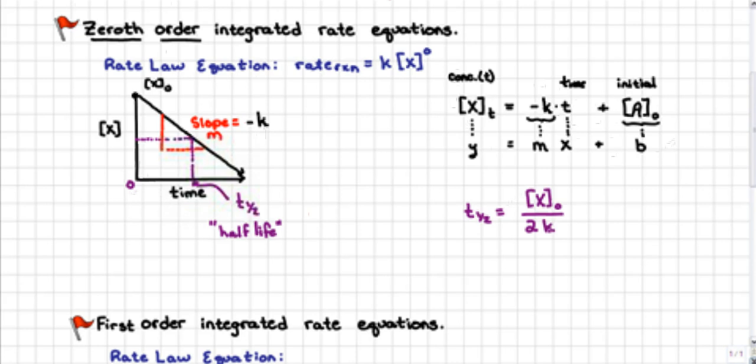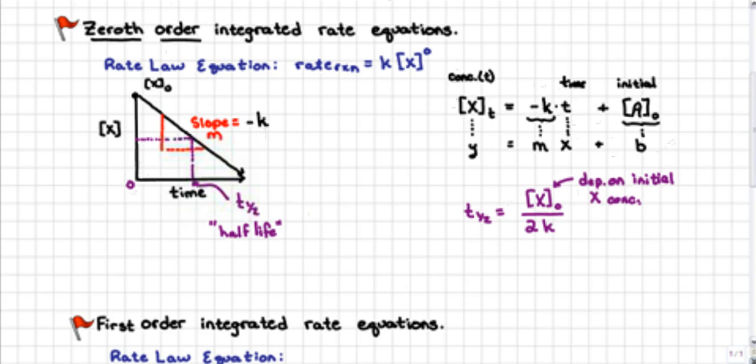Now, it's also important to remember, and we'll look at examples of how this works a little bit later on, that the half-life includes the initial concentration of X. It does depend upon the initial X concentration. And if you think about it, this just stands to reason.